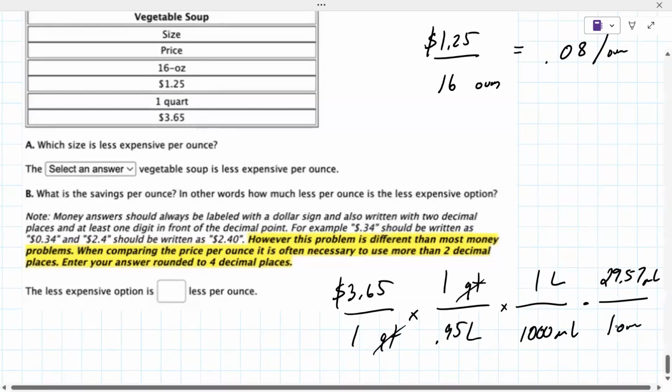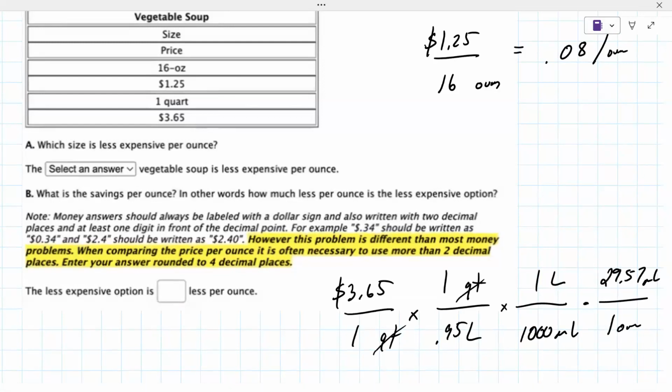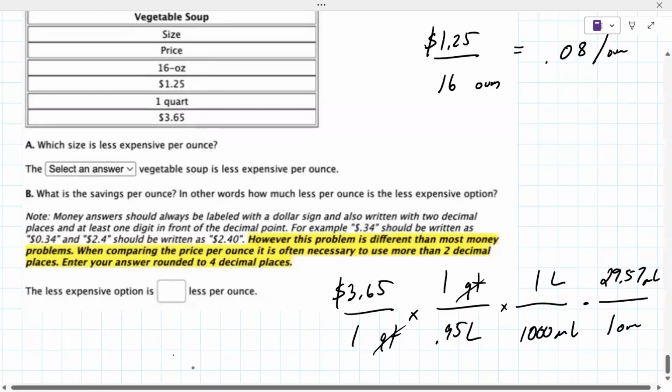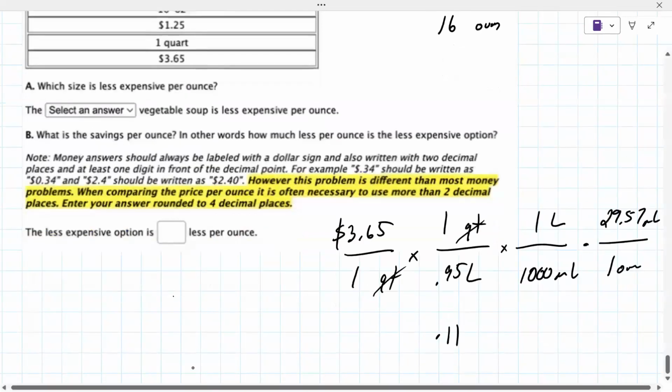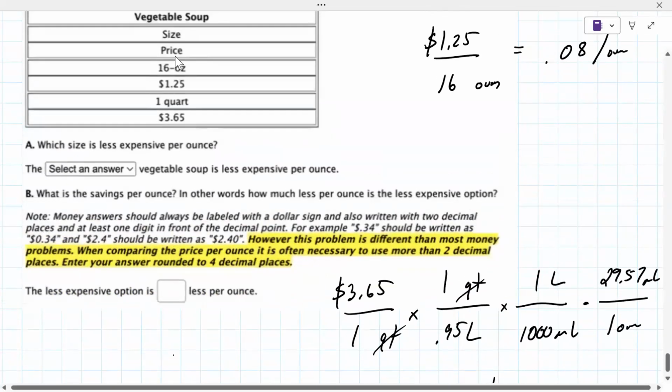Yeah, there we go. Okay, this is the correct conversion. 3.65 times 29.57 divided by the 0.95 and the 1,000 ends up being 0.11. So it's 0.11 per ounce. So the less expensive option is the 16 ounce.